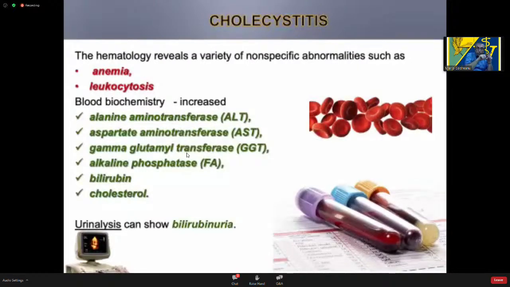When you perform urine analysis, in addition to these, we can register important presence and levels of bilirubinuria.